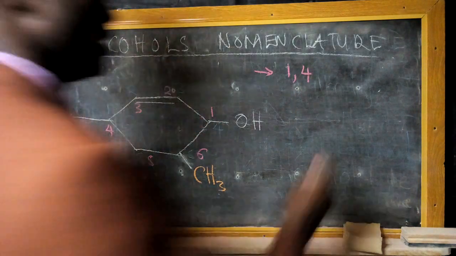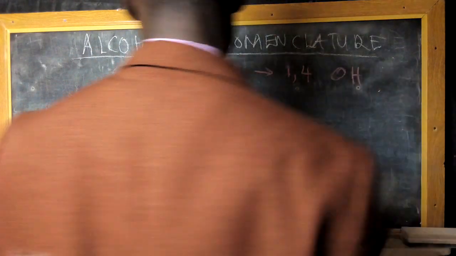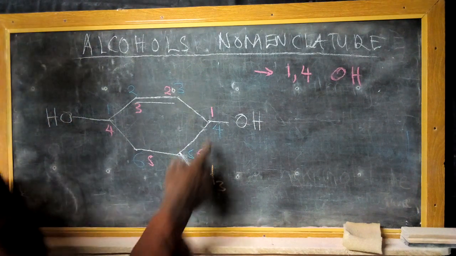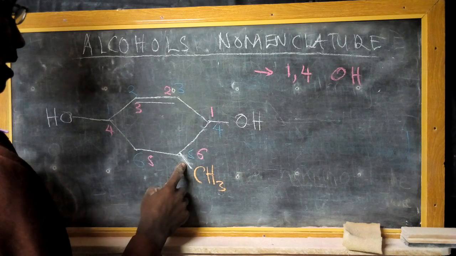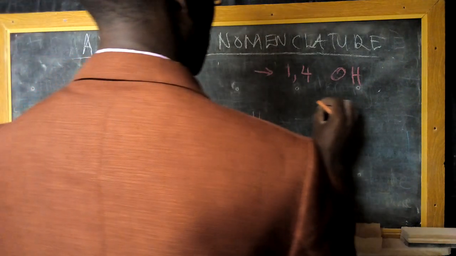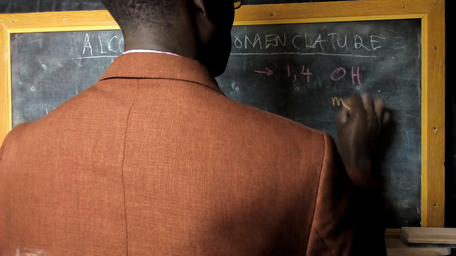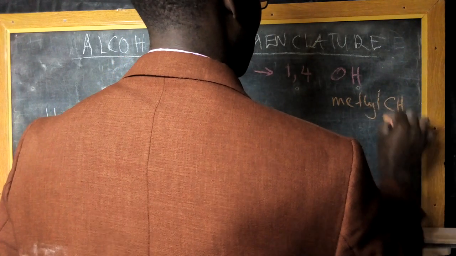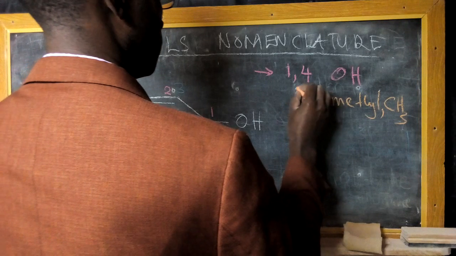This is for the OH. And then the methyl group, CH3, appearing at carbon number 5.